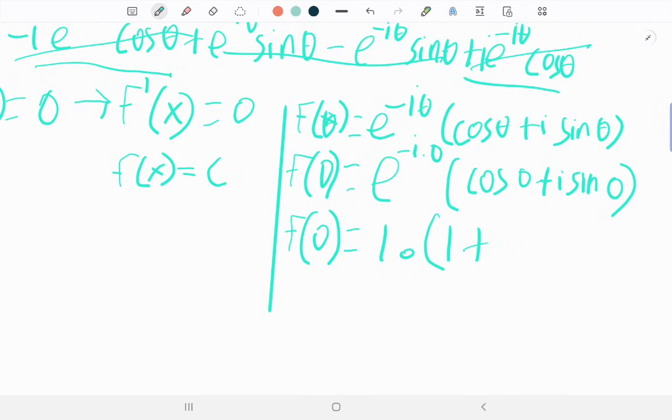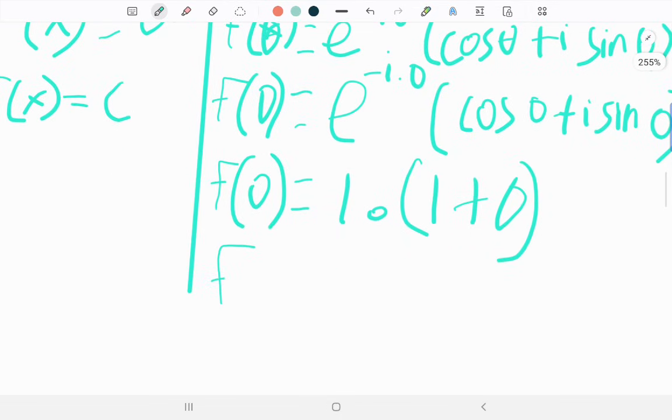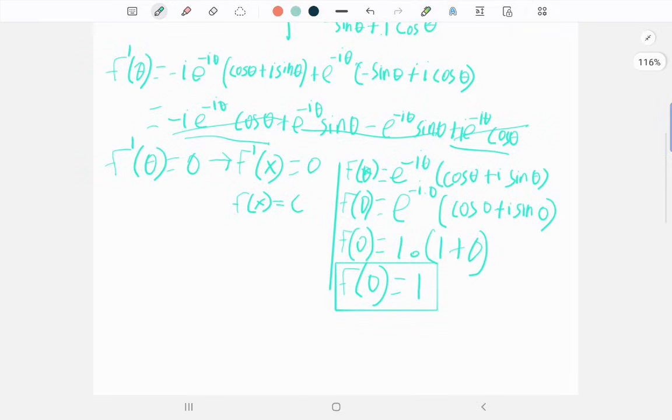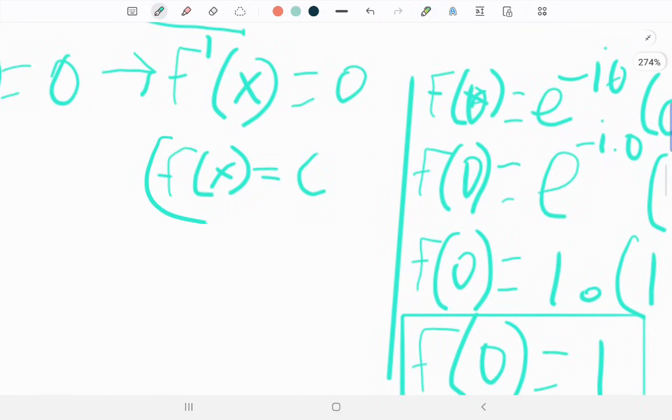Sine of 0 is 0, right? So 1 plus 0. Therefore, f of 0 is equal to 1. Hence, the value of c is equal to 1.